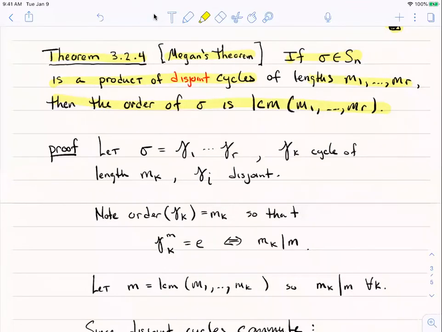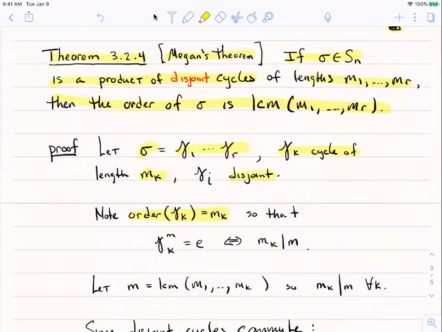Okay, so how to prove it? Well, let's have a go. Take your sigma and write it as your disjoint cycles. Let's say gamma k has length mk, and they're disjoint. Well, first of all, the order of a cycle of length mk is mk. If you compose a cycle with itself, you won't get the identity until you compose it with itself its length number of times.